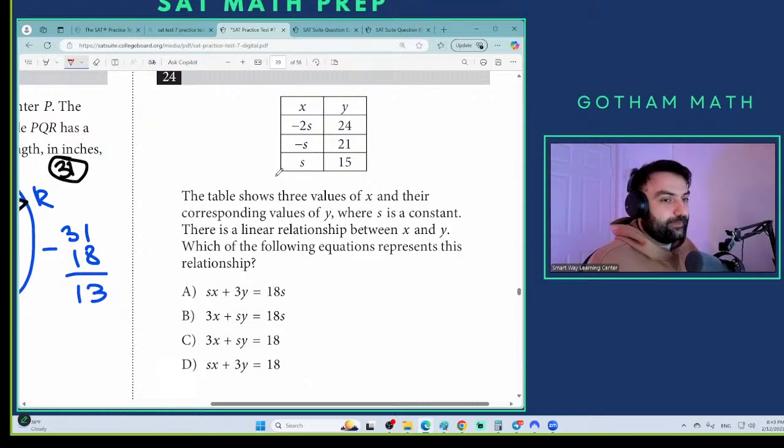Or you can go ahead and use the slope formula, get the slope from here and find the slope over here. Another way would probably be plugging 24 into the y and seeing which answer will give you -2s.